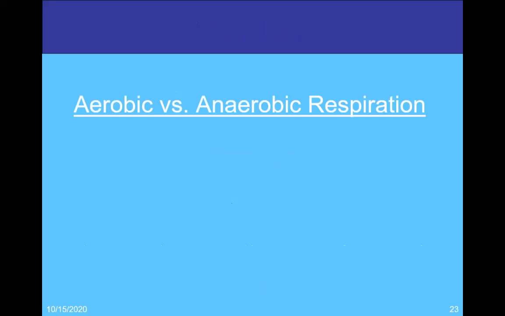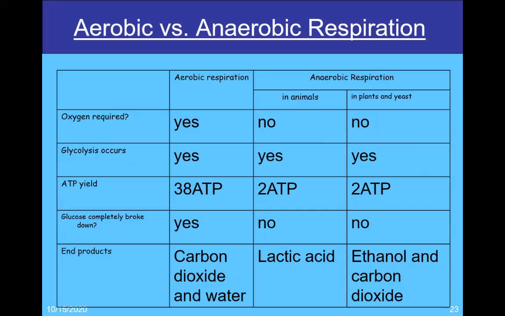Okay, so I have a table here, and if you're a person like me who finds tables helpful in terms of comparing processes, I think this is a good one to include in your notes. In this table, we're going to compare aerobic versus anaerobic respiration. You'll notice that on this side, we have our aerobic right here, and on this side over here, we have our anaerobic process.